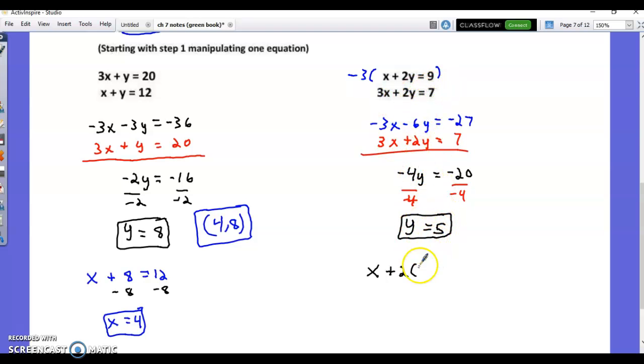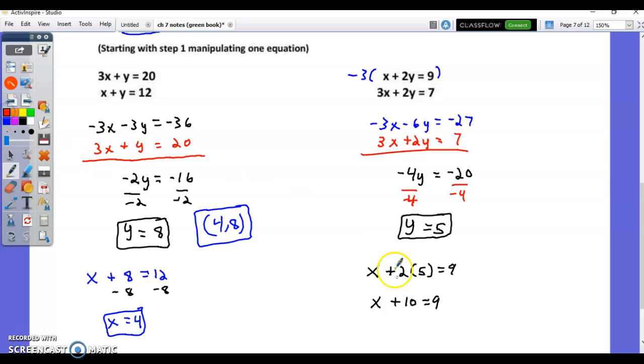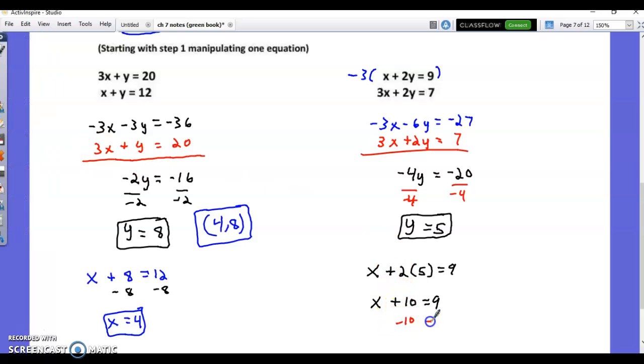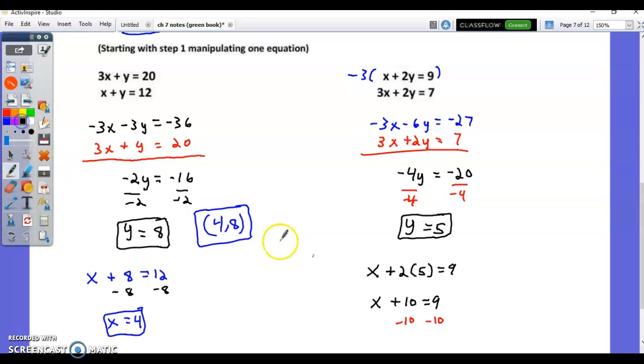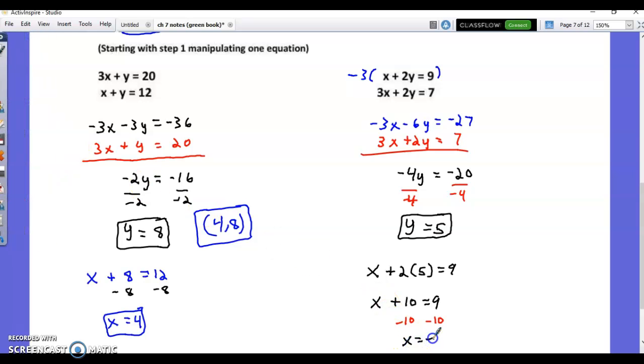We're substituting this 5 in here, because y equals 5, we're plugging it in for that, equals 9, and we do our math. So let's rewrite this as x plus 10 equals 9. We're going to subtract 10 from both sides so we can get our variable by itself. Do those opposites. And we have x equals negative 1. So my ordered pair would be negative 1, 5 for my answer.